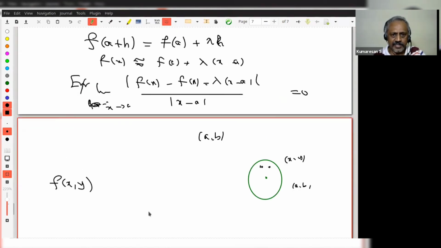Let's go back. If you understand this definition, I'll give you 15 seconds. I don't want to hear the answer from anybody orally at present. All of you, 84 of you, including me, should think what should be the definition. Go back to the one variable case. Try to see whether you can make sense. Try to mimic the one variable case to say f is differentiable at (a, b).